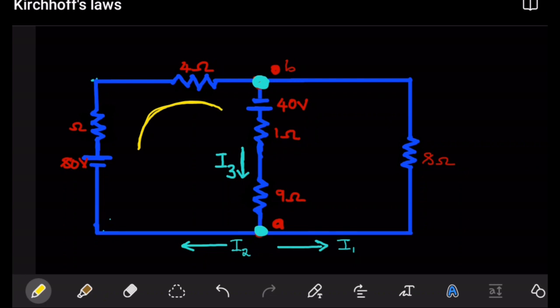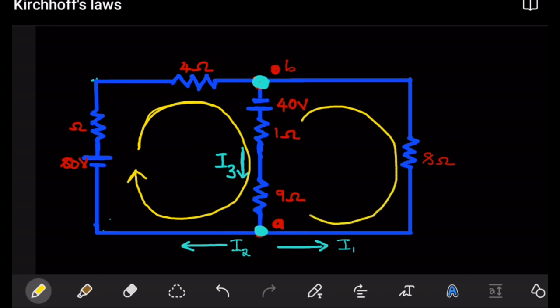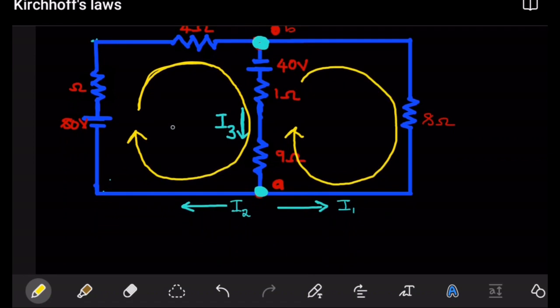It's up to you if you want to go anti-clockwise or clockwise, but for this example, I'll go clockwise. So this is going to be the first loop, and on the other side, we're going to create the second loop. And again, we're going to go clockwise. Again, it's up to you if you want to go clockwise or anti-clockwise. So let's say this is going to be our first loop, and this is our second loop.